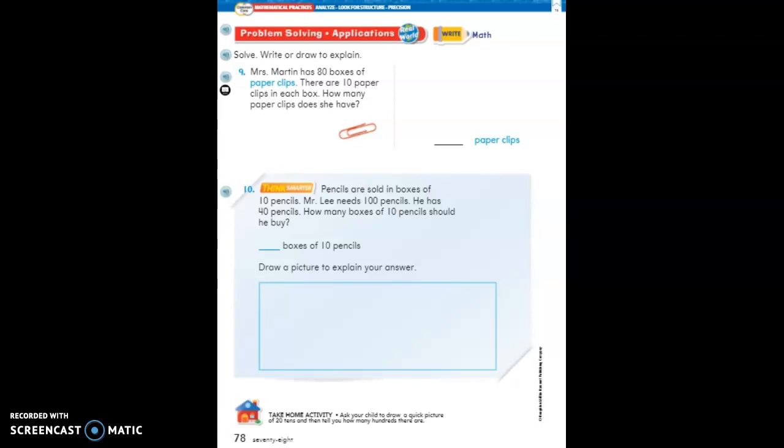But we know that each box has 10 paper clips in it, right? So 10 paper clips each box, 10 in each. And there are 80 boxes of paper clips.